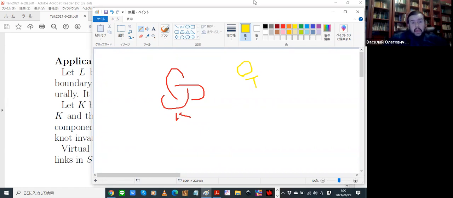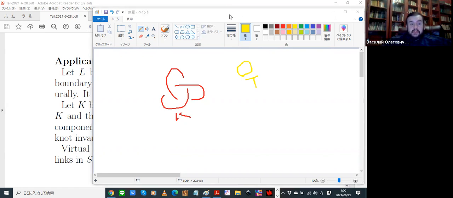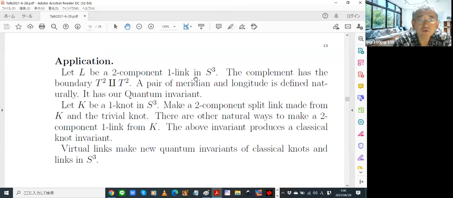I think that the way you are constructing the trefoil knot will live just inside a three ball, and will have nothing to do with this split component. So I think you will get just usual quantum invariants of classical knots, which have nothing to do with this torus.